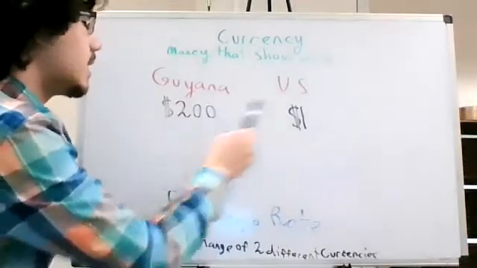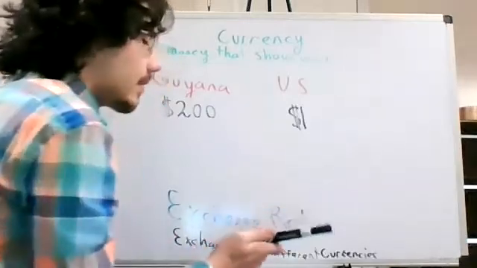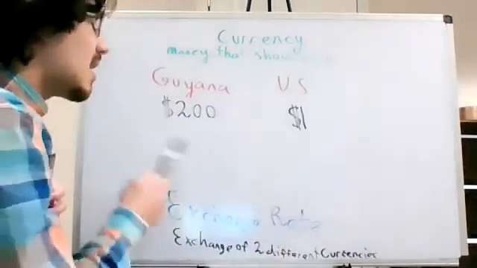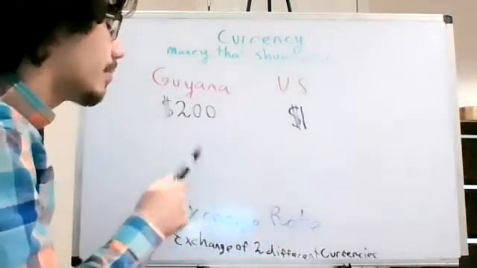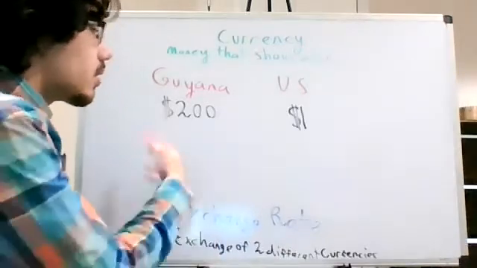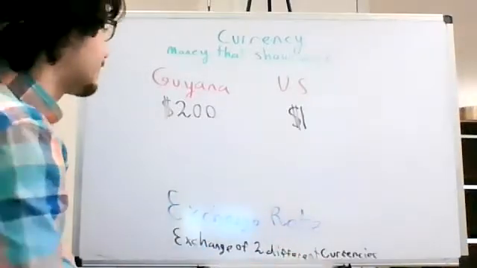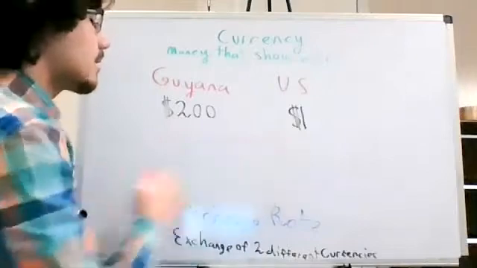So this is the exchange, roughly, I believe, that you'd have to remember. It's somewhat easy to remember, but I think the actual exchange is like $206 or something like that. But this is generally the idea.